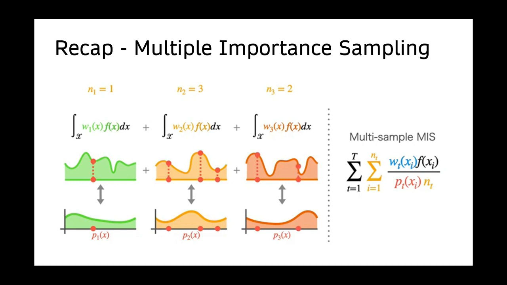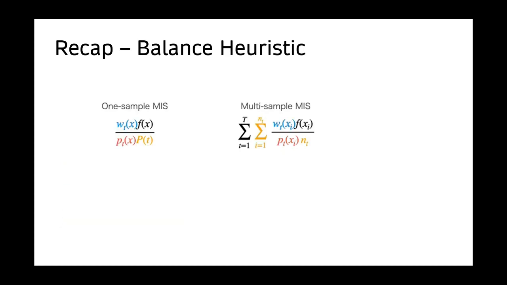In contrast, multi-sample MIS opts to estimate each weighted integral and sum them. From each technique we choose one or more samples. So these are the one-sample and multi-sample MIS estimators.